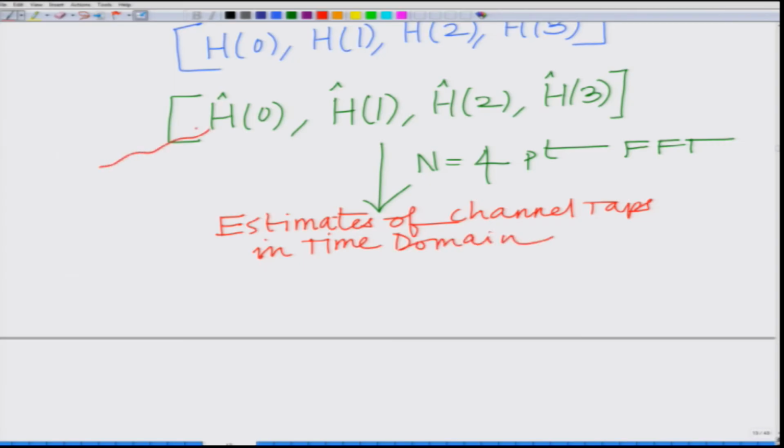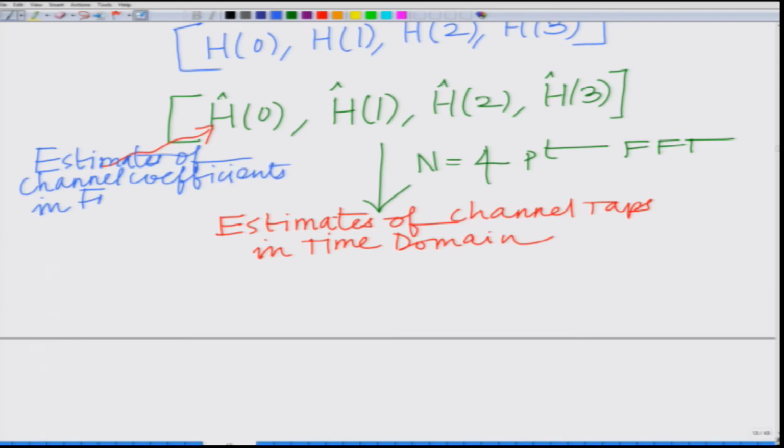These are the estimates of the channel coefficients in the frequency domain, and that is important to keep in mind.